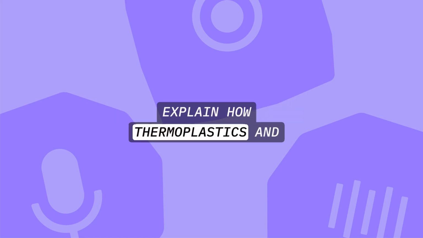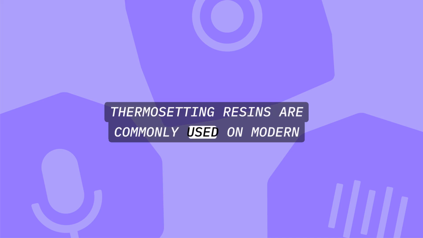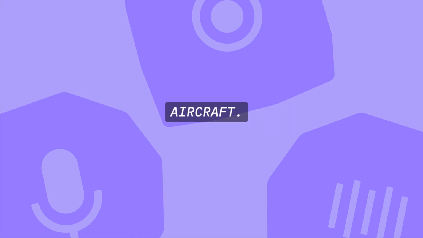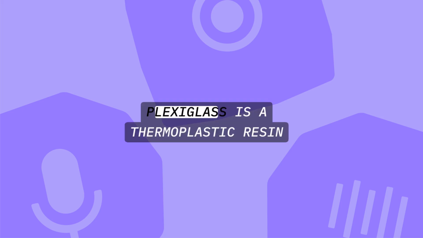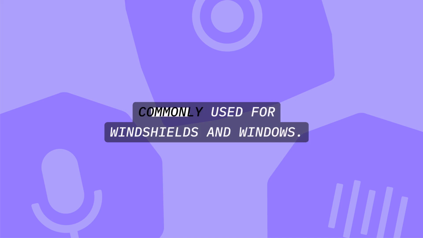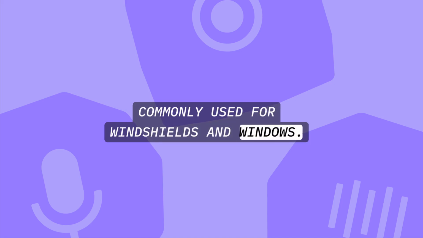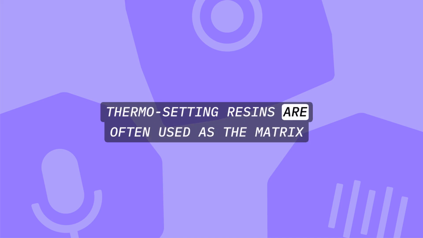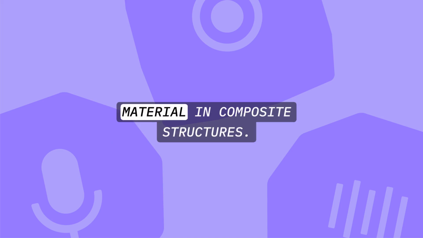Explain how thermoplastics and thermosetting resins are commonly used on modern aircraft. Plexiglass is a thermoplastic resin, commonly used for windshields and windows. Thermosetting resins are often used as the matrix material in composite structures.